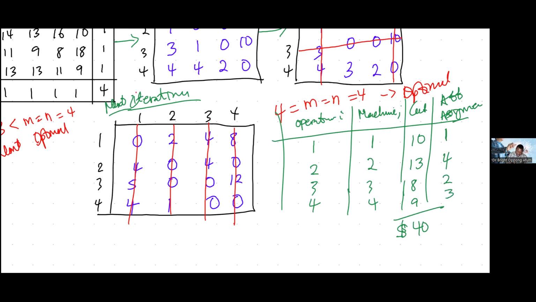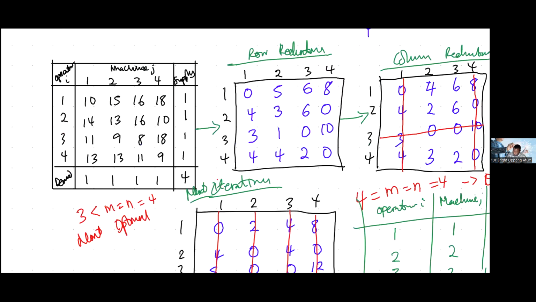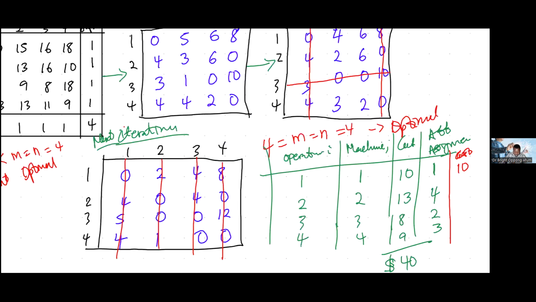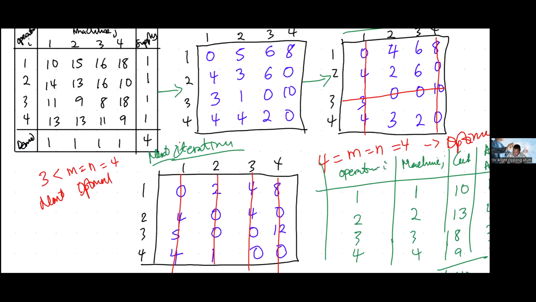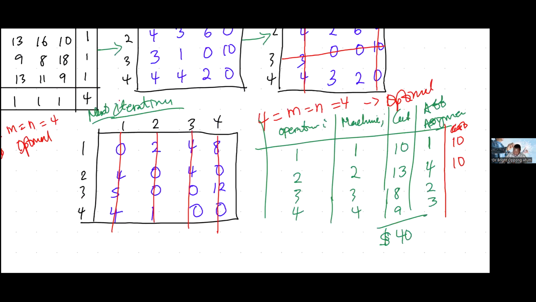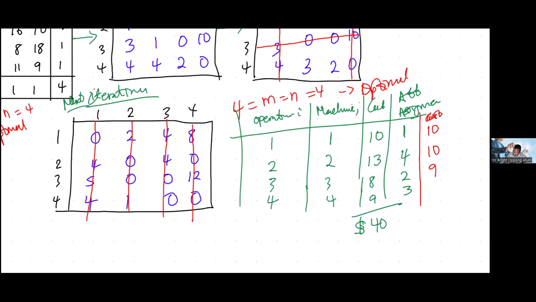So what is the respective cost here? So the cost here, when you look at the cost from the original table, 1 to 1 is 10, 2 to 4 is also 10, 3 to 2 is 9, then 4 to 3 is 11.